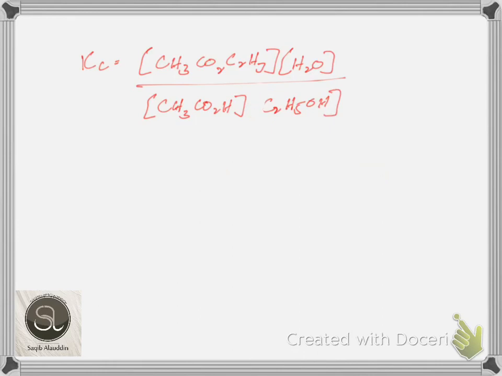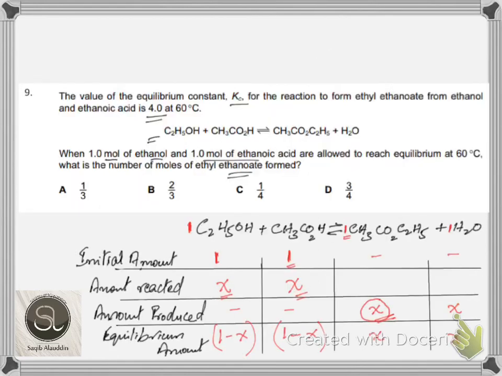So the expression of Kc is the concentration of the two products upon the concentration of the two reactants raised to the power. Now all the coefficients are 1, so all the powers are 1.